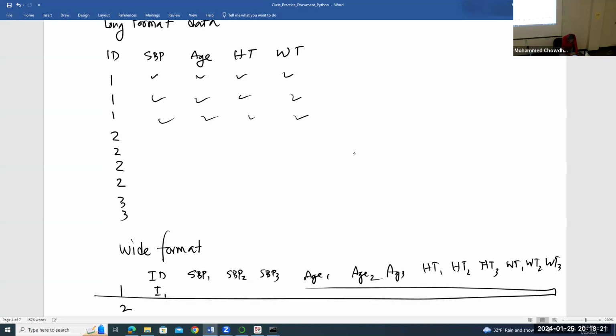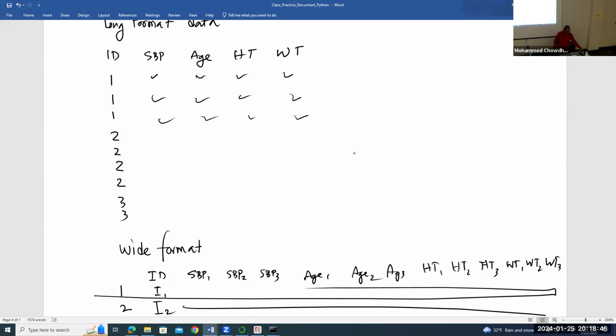Then the second person comes, with ID I2, and all the data in here. So this is called the long format data, and this is called the wide format data. For some statistical analyses, long format data needs to be transferred to wide format data, and sometimes wide format data needs to be transferred to long format data.